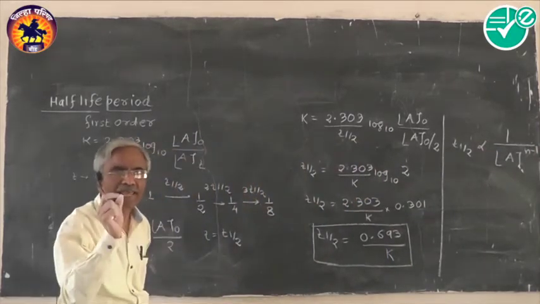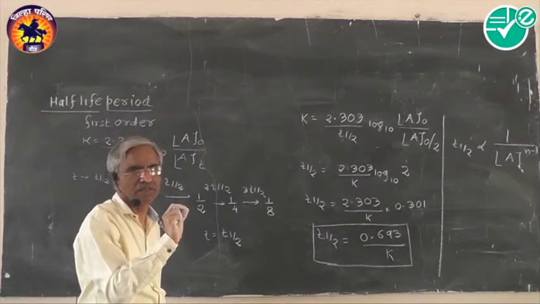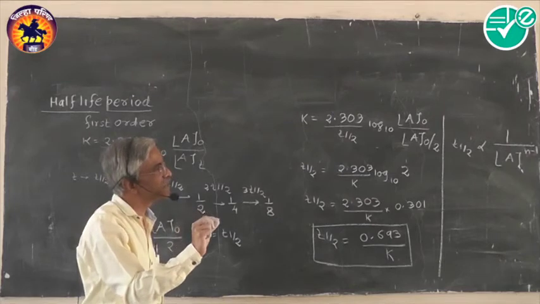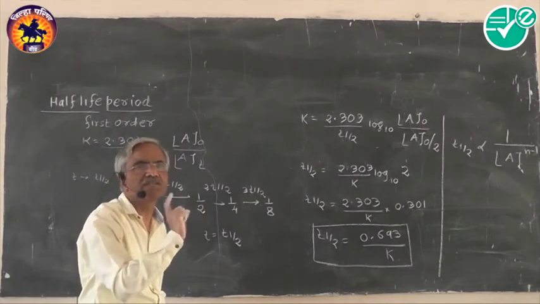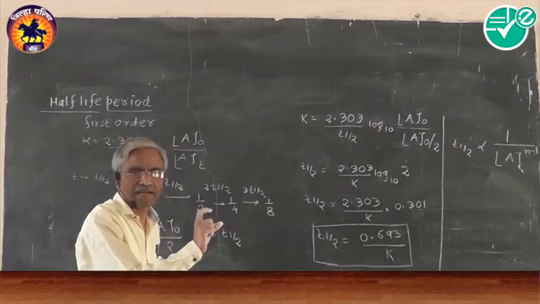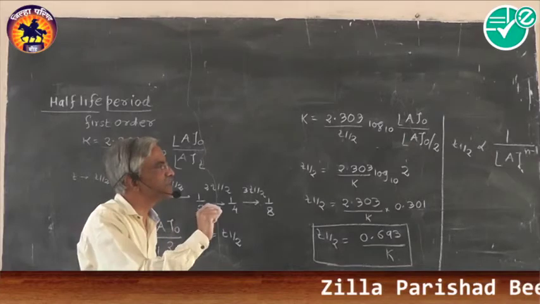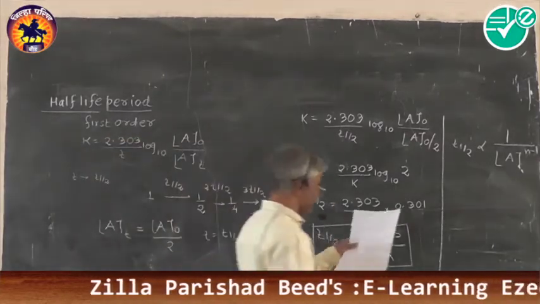Now, if we have the initial concentrations, suppose we have a reactant A plus B giving some product, and we have the initial concentration of reactant A as C1 and reactant B as C2, we can determine the order of the reaction.